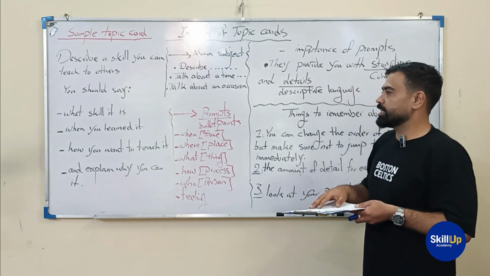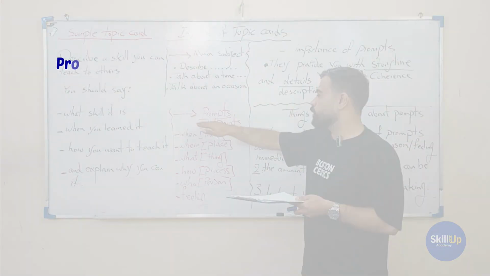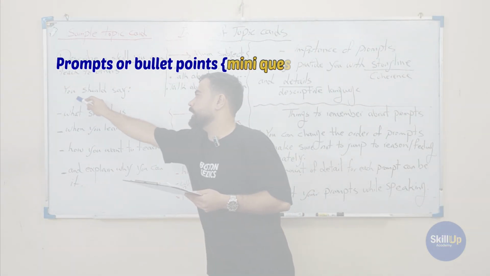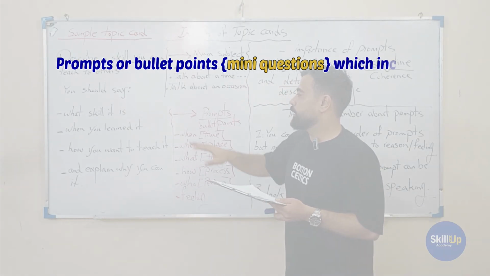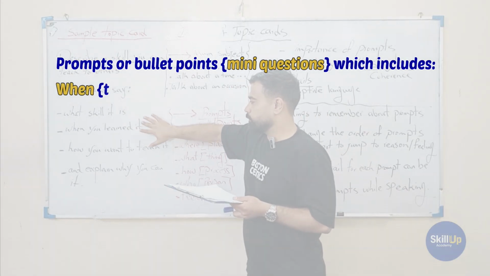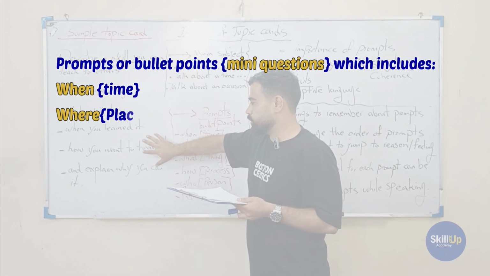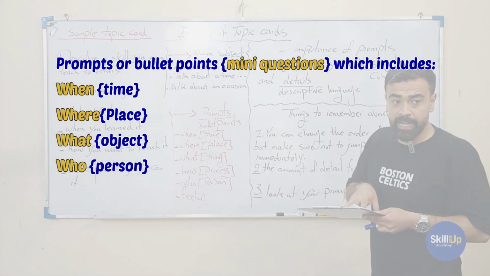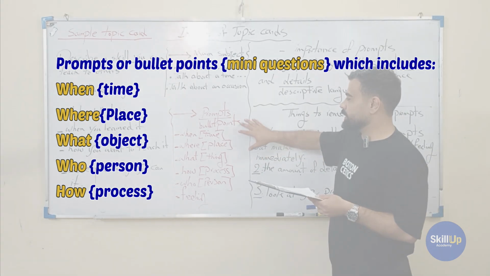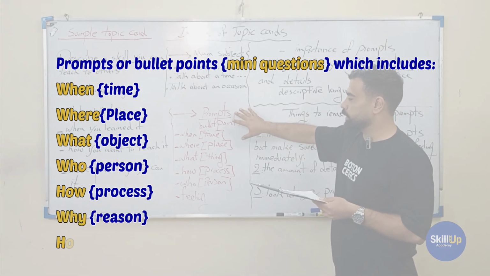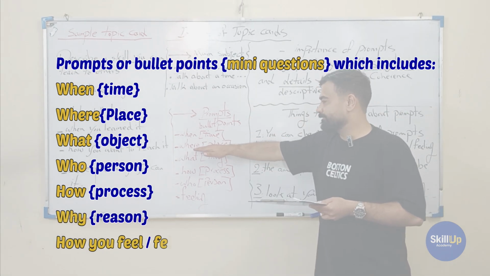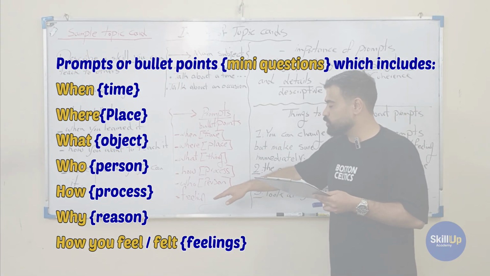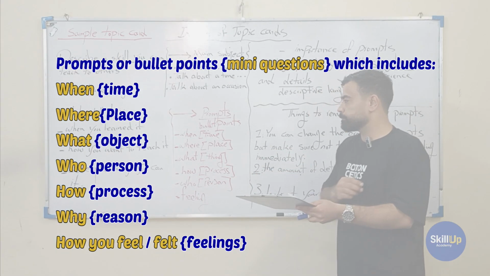And after that, the next thing that we have is our prompts or bullet points. Basically, we find them after "you should say": what skill it is, when you learned it, how you want to teach it, and explain why you can teach it. So if we look carefully at these prompts, we can understand they are things such as when, where, what, how, who, and at the end, most of the time, it is about your feeling.